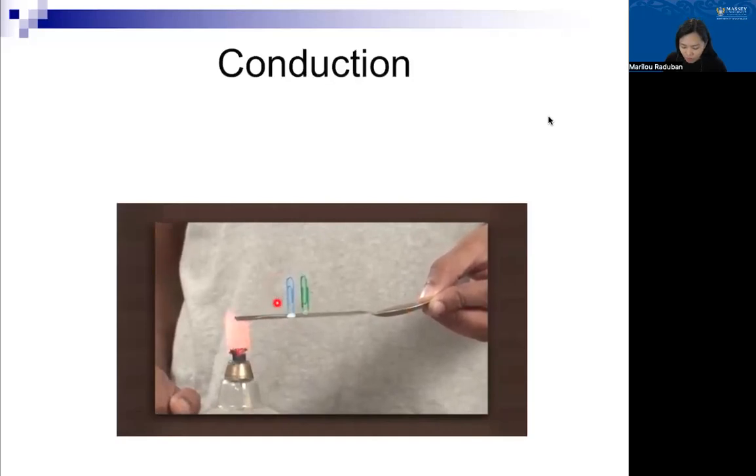And this video just illustrates some paper clips that are glued to the spoon using a wax. So you can see that the paper clips, one after the other, fall off as the wax melts. And that is a visualization of heat being transferred from the tip of the spoon closest to the flame.